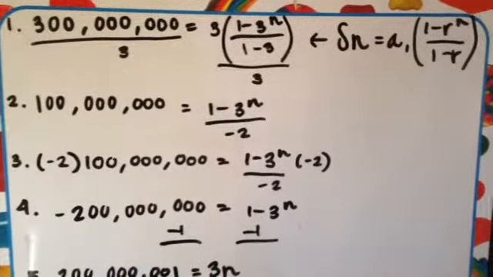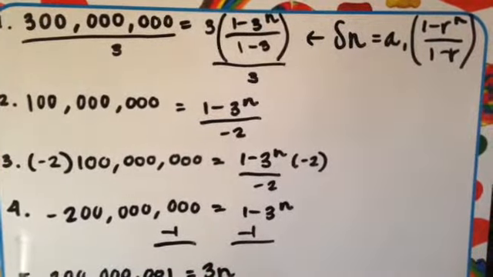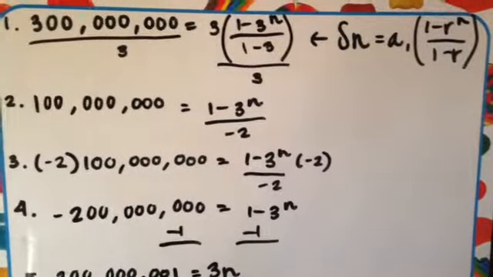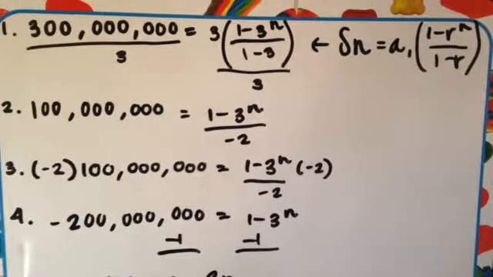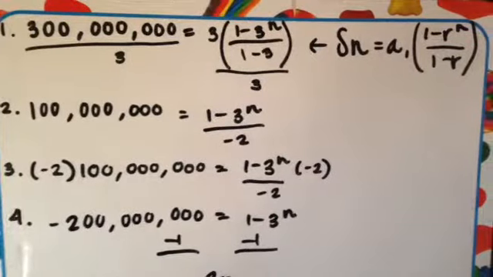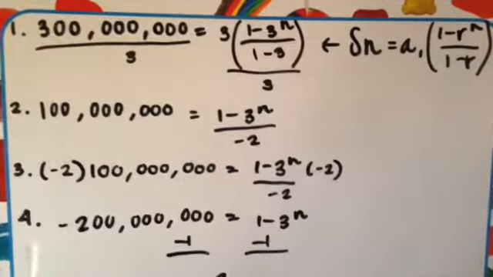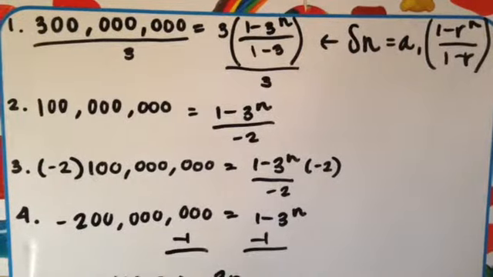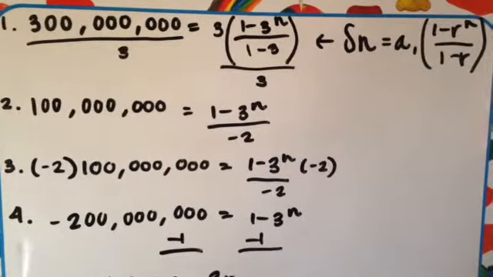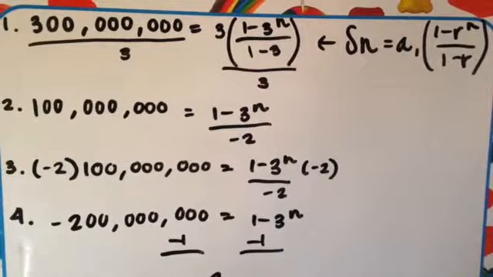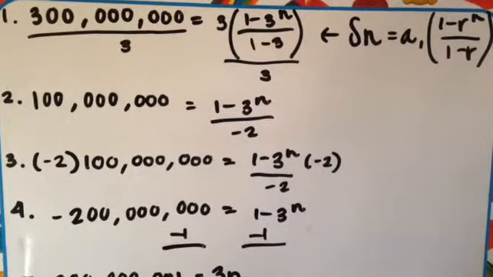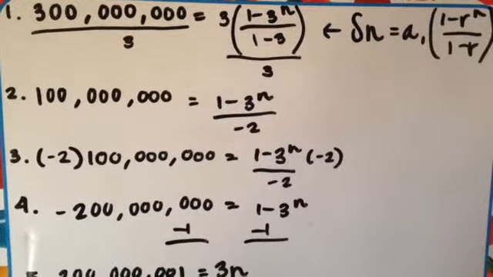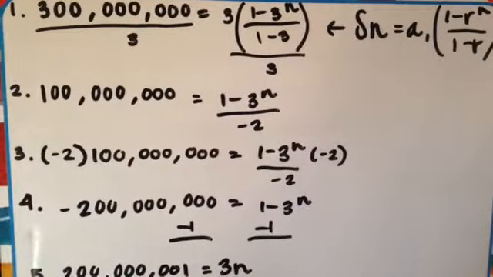Okay, so our first step is to plug in our values into the formula, and then we divide by 3 on each side to get rid of the 3 on the left side. So then you're left with 100 million equals (1 minus 3 to the n) over negative 2. To get rid of that denominator, you also want to multiply by negative 2.